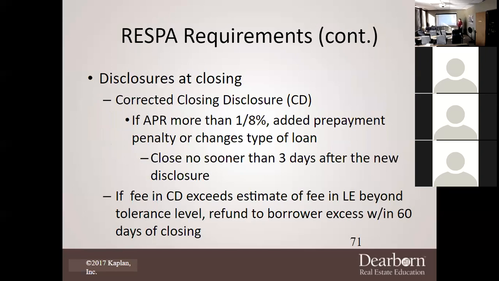Now, in regards to disclosures at closing, for the corrected closing disclosure, if the APR is going to change by more than 1/8%, okay, 1/8%, or a prepayment penalty is added or there are any types of changes to the loan, closing needs to be no sooner than 3 days after the new disclosure.